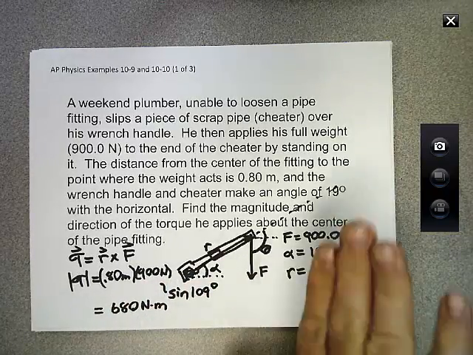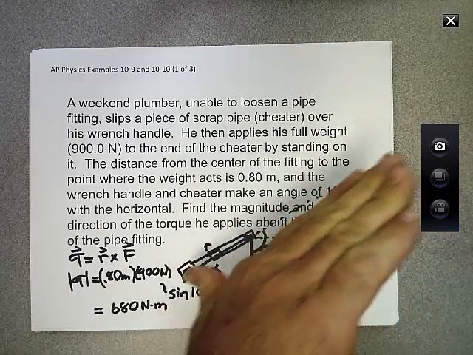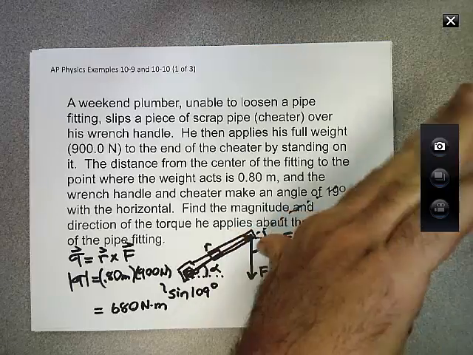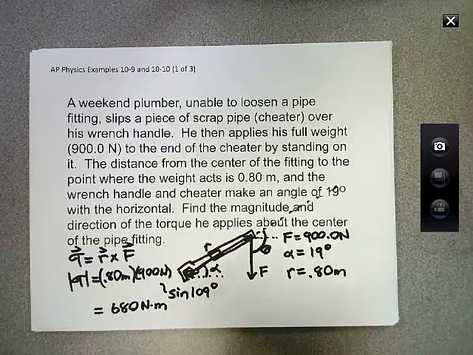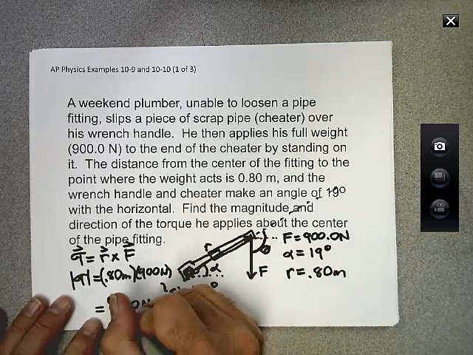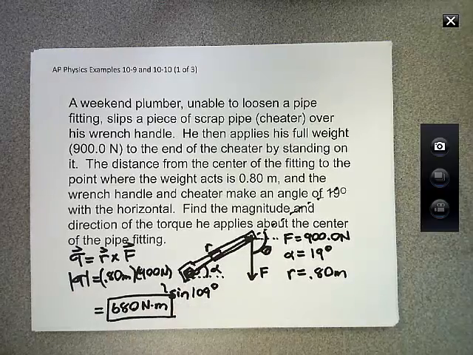The way I've drawn the picture, R cross F, using the right-hand rule, putting your fingers in the direction of R and curling them in the direction of F, we get a torque vector into the page. But in any case, the magnitude of the torque is 680 newton meters.